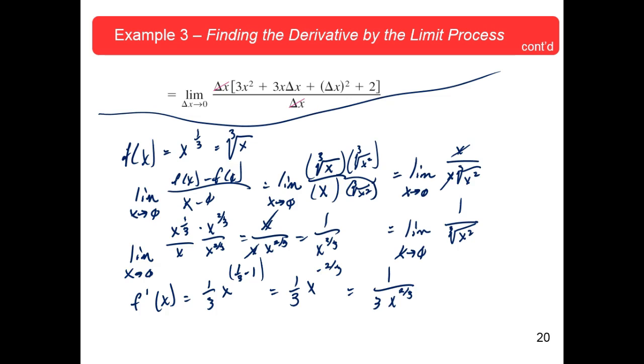Wait, what is that 3? You have that 1 over 3 x to the 2/3, but then on the other one, it's just 1 over the cube root of x squared. And on the bottom one you have 1, and that's the same thing, but there's just a 3 in front of that x on the bottom.